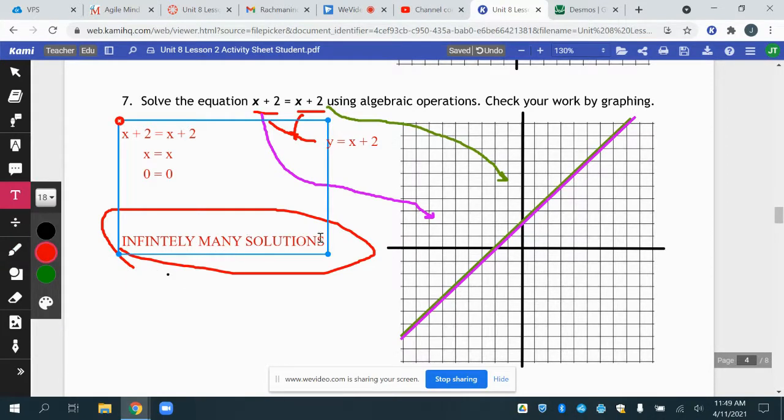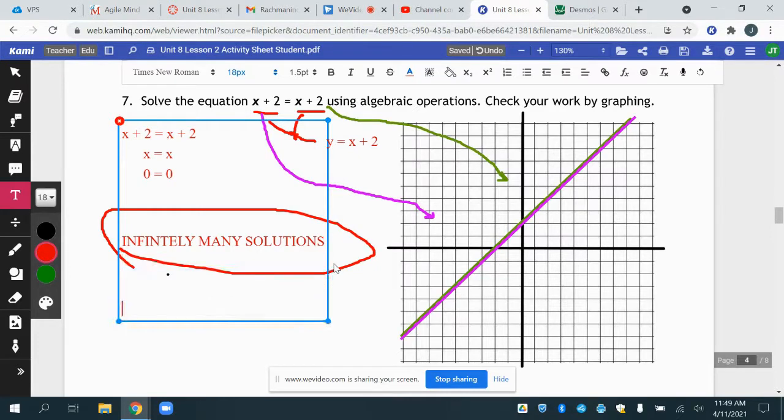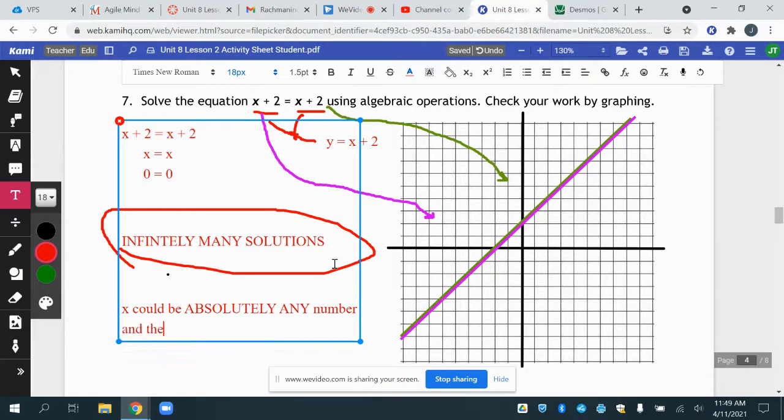In other words, when I say infinitely many solutions, that means x could be absolutely any number, and the equation would still be true.